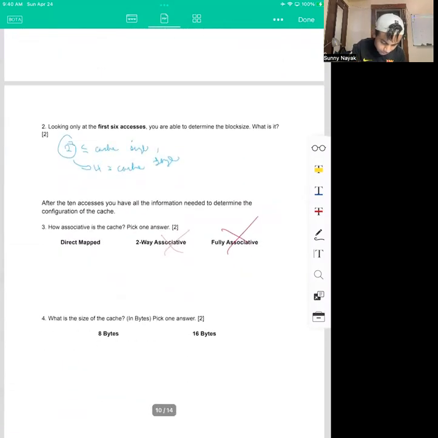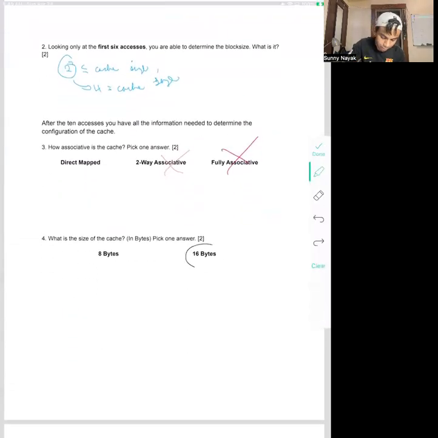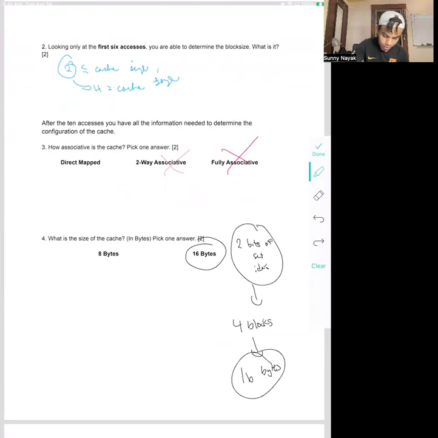Putting these together, my total size is 16 bytes, because I have 2 bits of set index, which means 4 blocks, just 2 to the 2, and each of those blocks is 4 bytes, so I have 16 bytes. And with 2 bits of set index for 16 bytes, that's directly mapped. Each block has a designated spot, so we know it's going to be directly mapped.